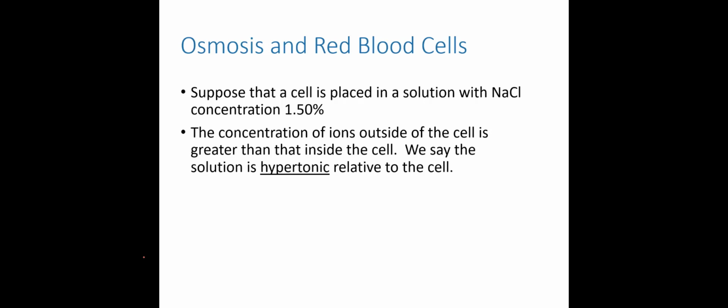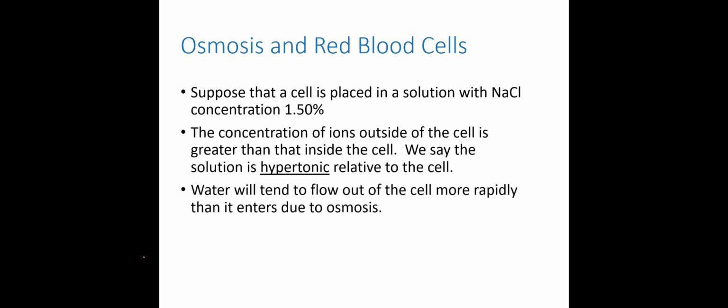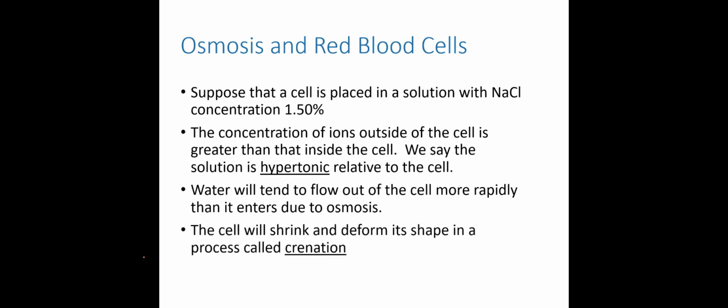So if the solution outside is higher concentration, it's a hypertonic solution. And so what we would expect then is, because of osmosis, the water is going to flow towards the more concentrated region. So it will flow out of the cell more rapidly than it enters. So as water flows out of the cell, it will start to shrink and it will start to deform its shape. And we call that process crenation.